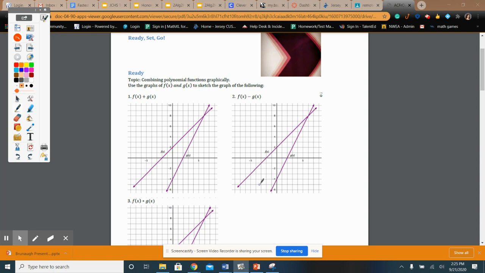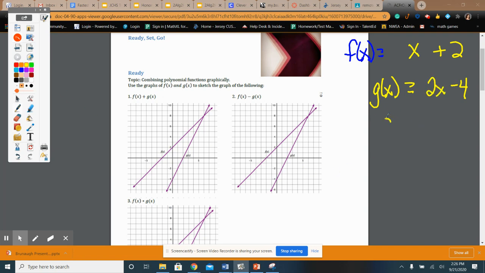Now, there's two ways you can think of it. The first way would be, well, what's the equation of f of x? This equation for f of x, if you can see, has a y-intercept of 2, and the slope is rising 1, running 1, so that's just x plus 2. Then g of x has a y-intercept of -4, and the slope is rising 2, running 1, so this is 2x minus 4.